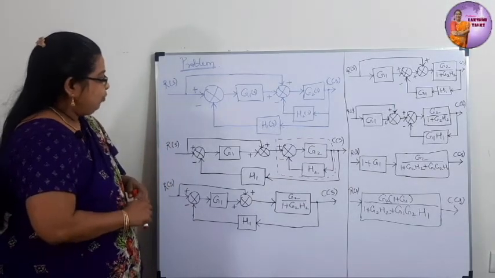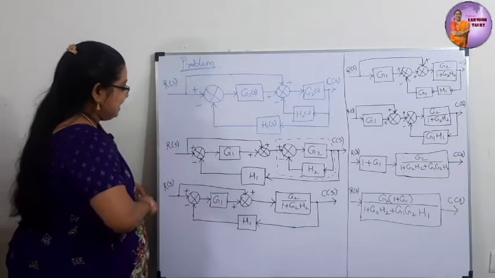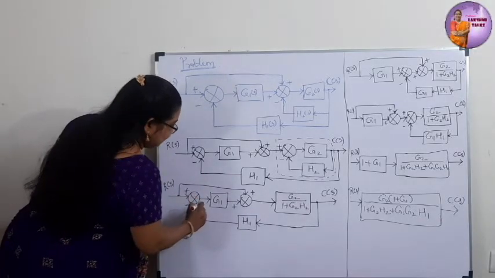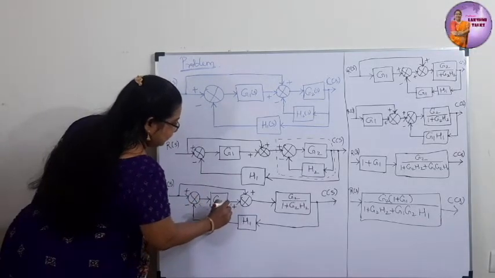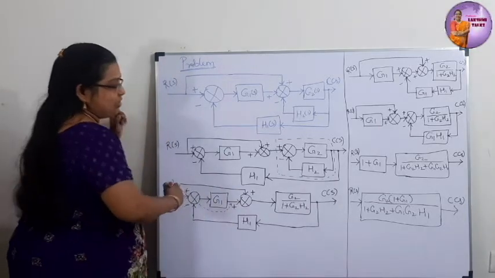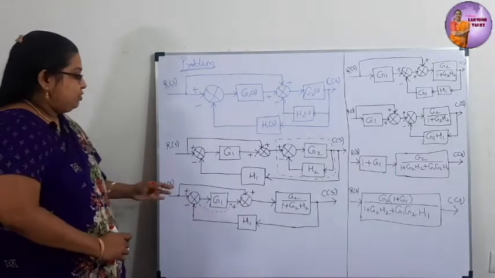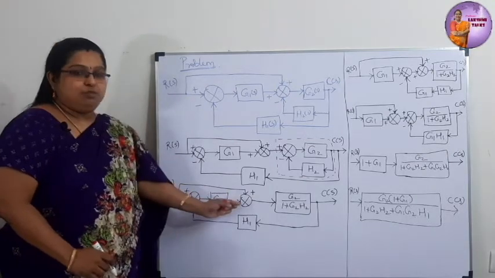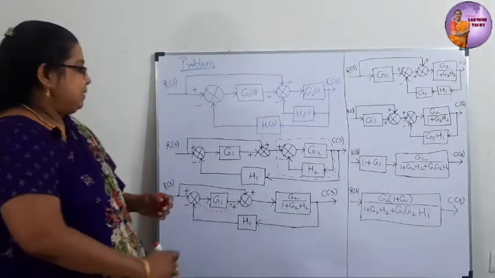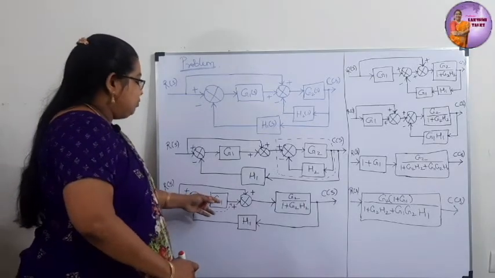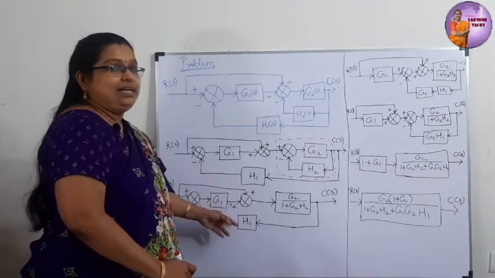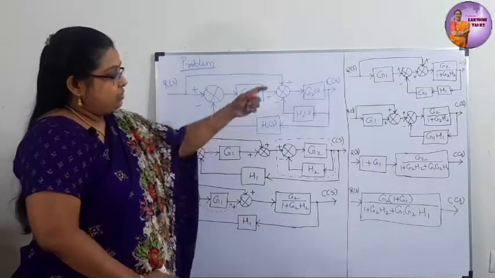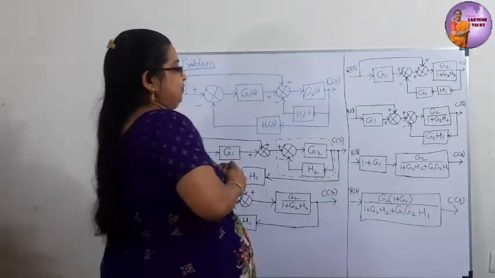What shall we move? We shall move this summer this side and take this block G1 outside. When we move this summing point after this block, we have already seen that this block gets included in the feedback path. I have redrawn it here.